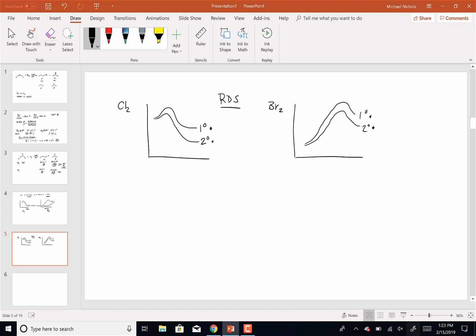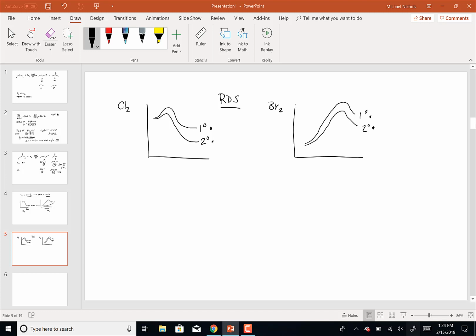Right? The Hammond's Postulate would say that when I lower the energy of the intermediate or of the product, I'm going to get a smaller activation energy. So that's for both cases. And if I drew a tertiary, it would form a tertiary faster.